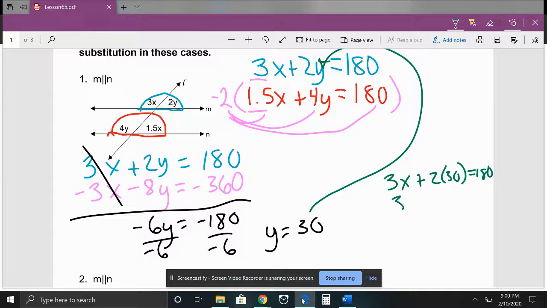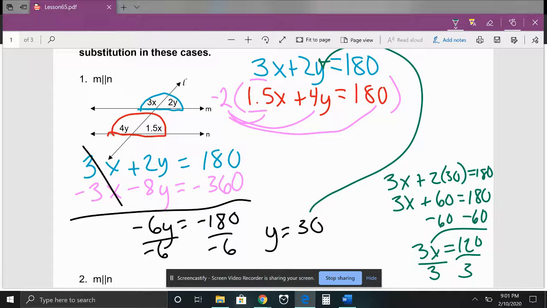And solve that. 3x plus 60 is 180. Subtract 60 from both sides. You get 3x is 120. Divide both sides by 3. My x is 40.